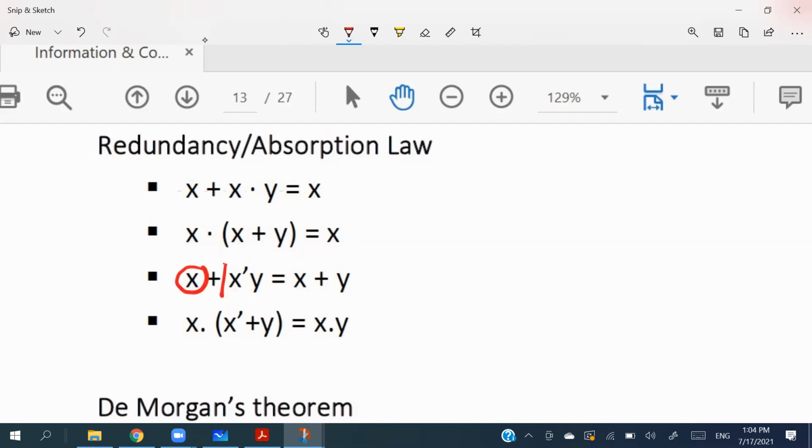And x complement, x complement is with someone else. Right, so that means when we are simplifying it as per the Boolean algebra, we can omit this x bar and we can write just x plus y.